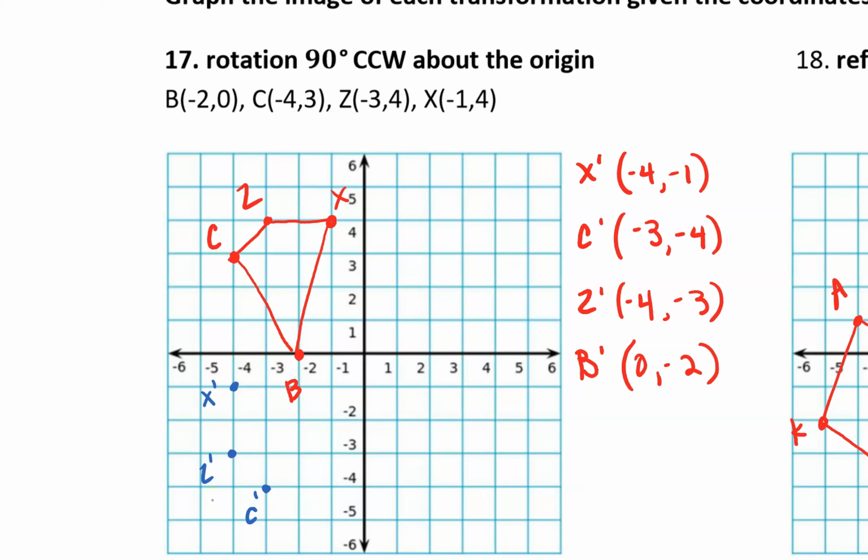And then b prime is at 0, -2. And we'll see if this looks rotated when I draw the new shape. And that looks pretty good. It's been rotated to the left. So counterclockwise, you're going this way, 90 degrees.